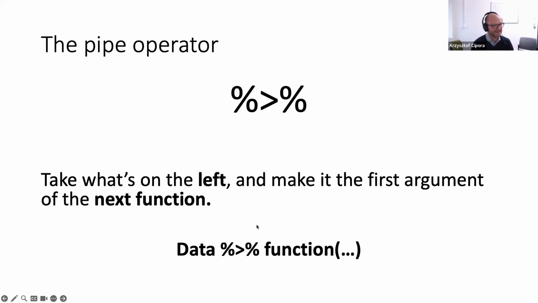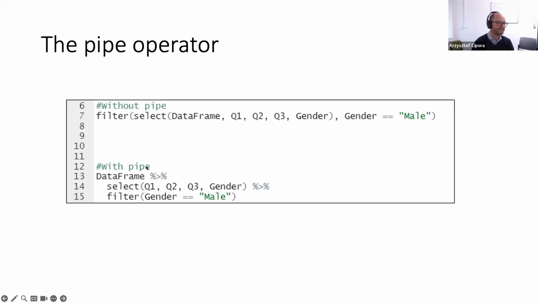So, for instance, here, without the pipe, we want to select some columns from the data frame and then filter them so that we only keep the rows where the answer to gender was male. We can read it from here, but the way the functions are built one onto another makes them quite complicated.